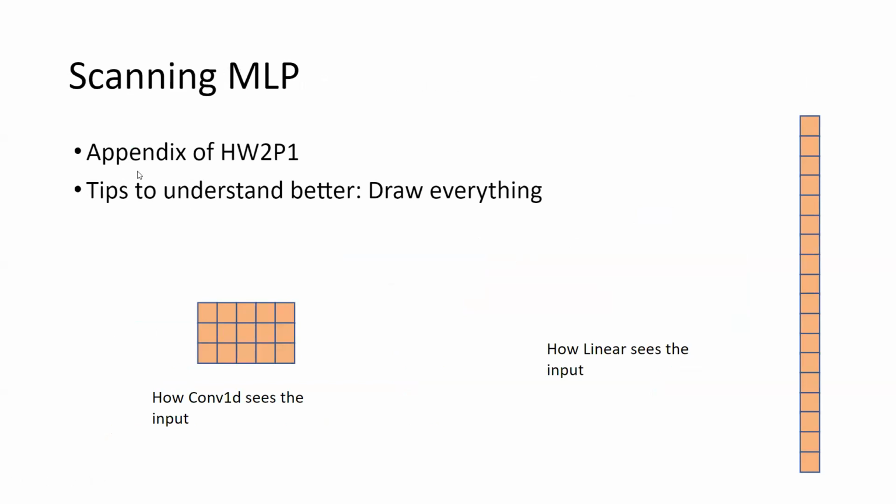You should probably look at the appendix of the handout to understand the scanning MLP. Basically, what happens is the Conv1D layer can see an input of, let's say, 3 by 5 as a two-dimensional input, whereas for linear layers we need to flatten this input so that it can be fed to a linear layer.